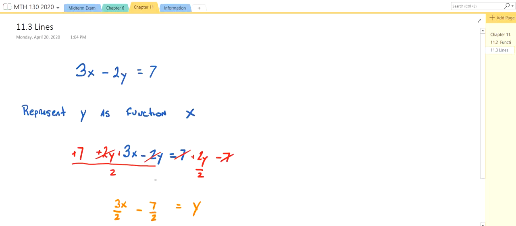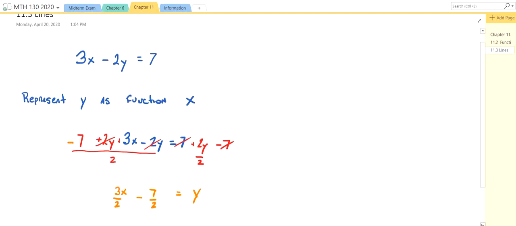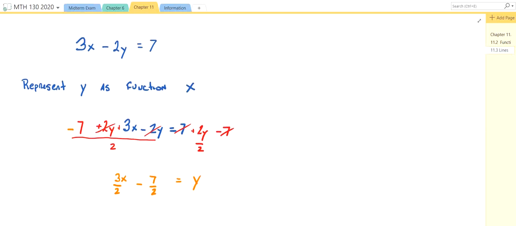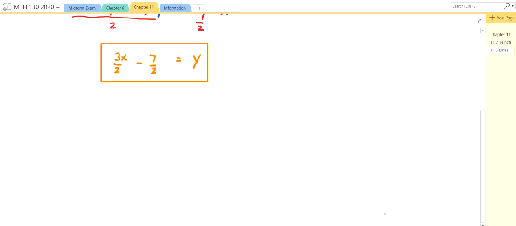This actually, if I subtracted 7 over here, I should have subtracted 7 over here, not add. So now I've written this so it's in a really clear form that shows y as a function of x. And I might start asking some questions about this now.